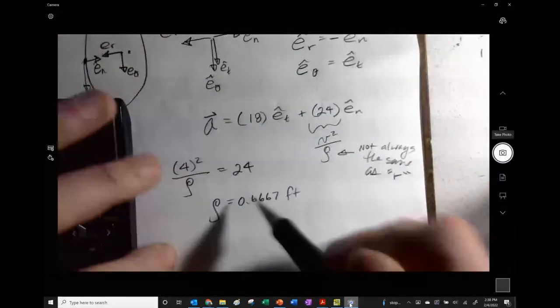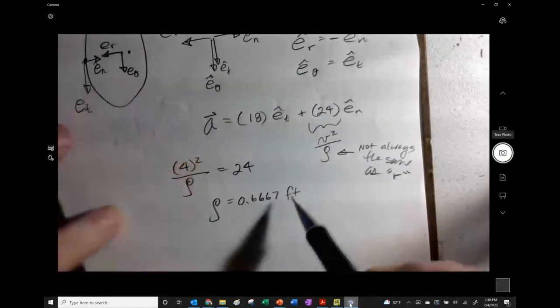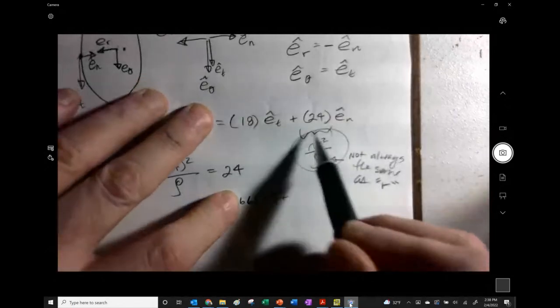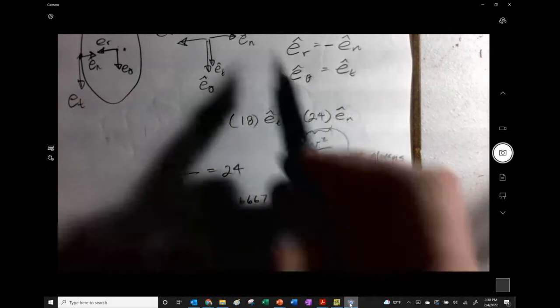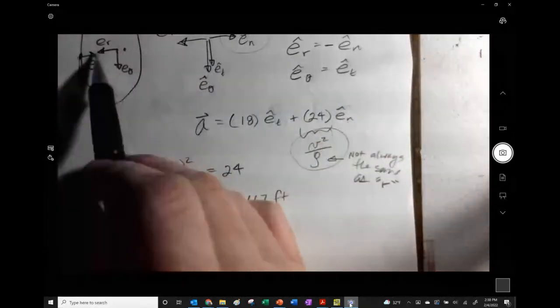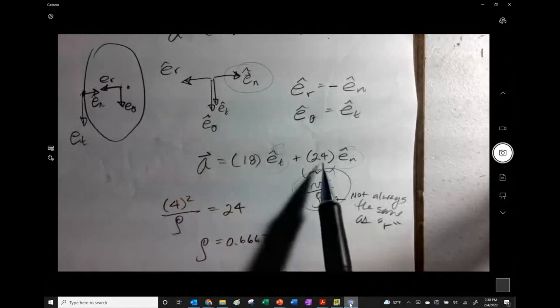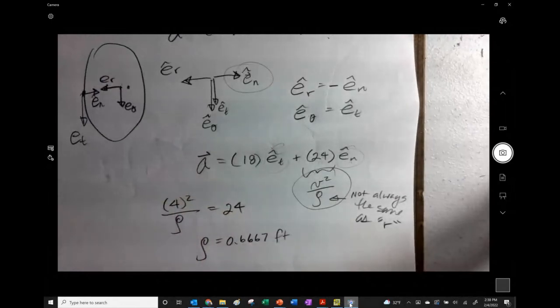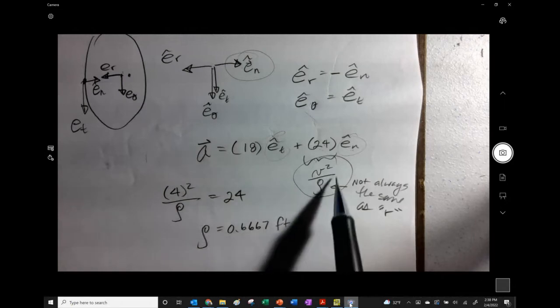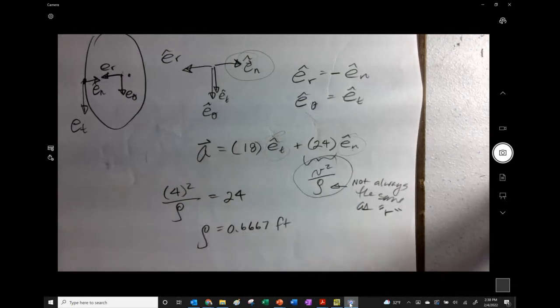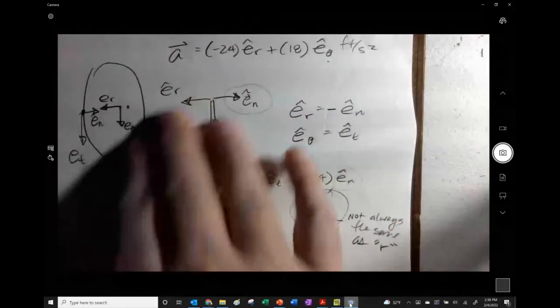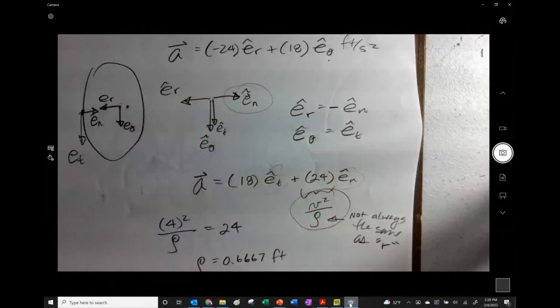What I'm trying to explain is that there's a radius of curvature to the thing, because it has a tangential component and a normal component. We know the normal component must point towards the center of curvature, so it's got to point inwardly. So it's going to be equal to this amount, and we're able to find the radius of curvature from knowing that this has to be true. Even though we're using polar coordinates for this stuff, the path is established, so the path coordinates will still hold out.